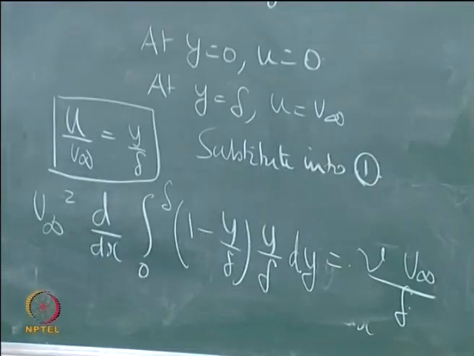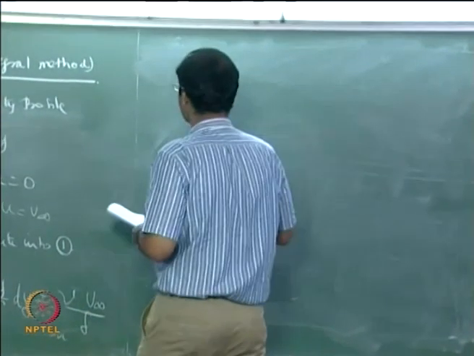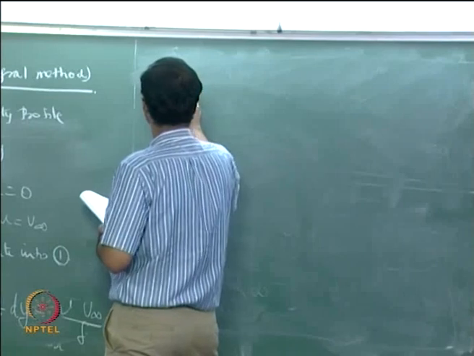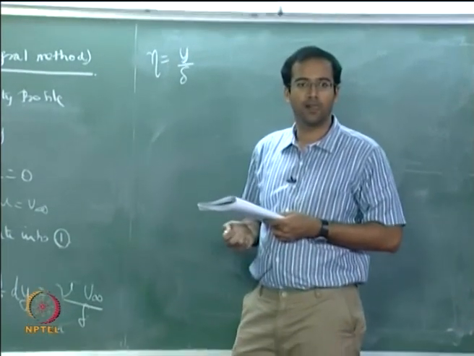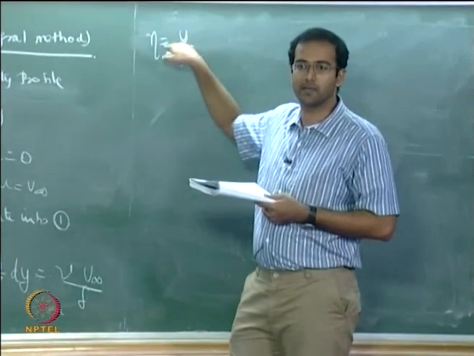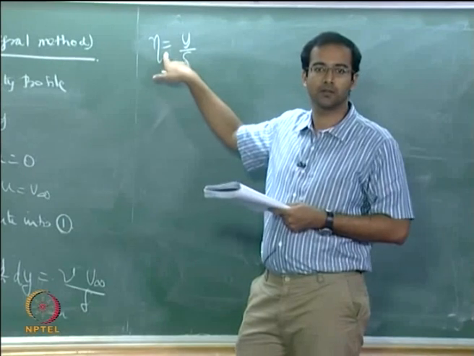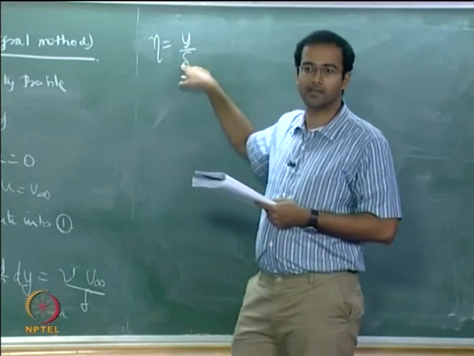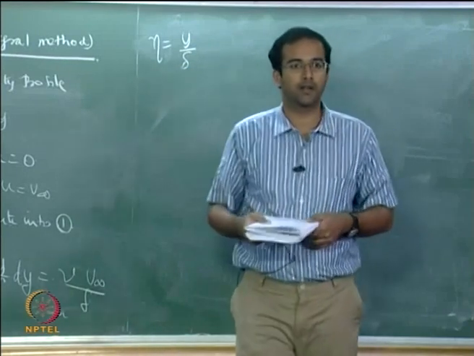So it is a very simple profile and the equation also looks simple. Now I am going to introduce a non-dimensional variable eta which is equal to y by delta. Do not confuse this with the similarity variable. Of course I am using the same variable here because coincidentally in the similarity solution also eta was the similarity variable which was related to y and delta exactly like this, but here I am just using eta to represent any non-dimensional variable.